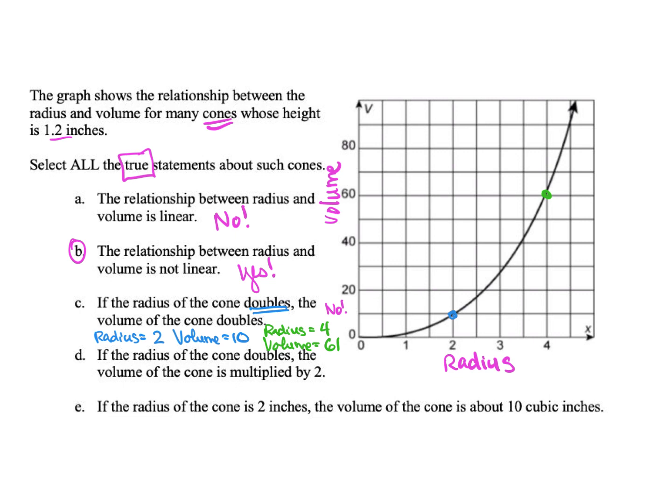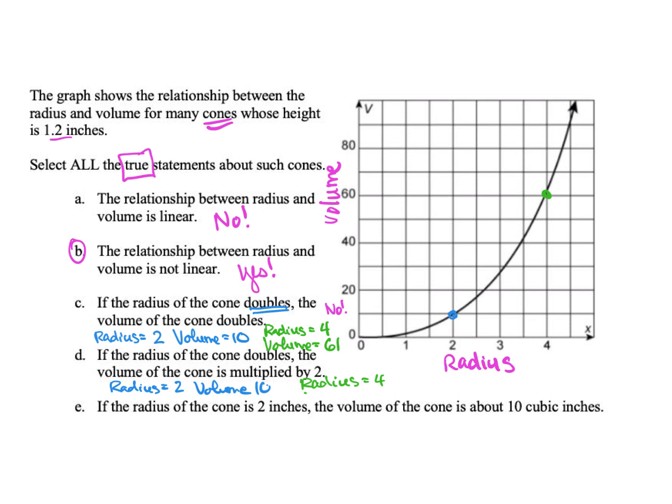D says if the radius of the cone doubles, then the volume of the cone is multiplied by 2. So let's try that again. If my radius is 2, volume is 10, let's double the radius. So then my radius is 4.